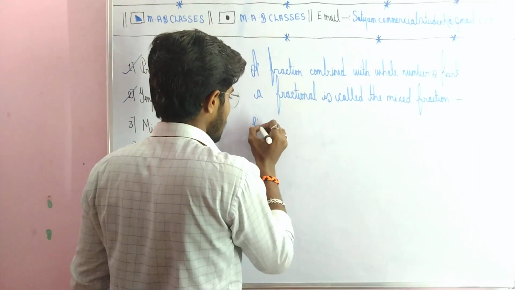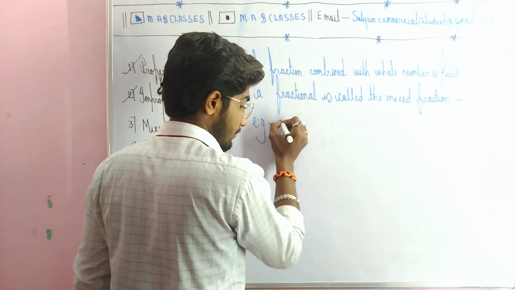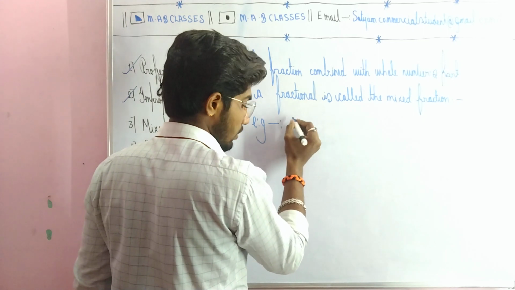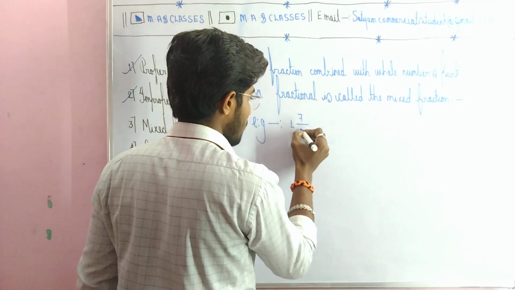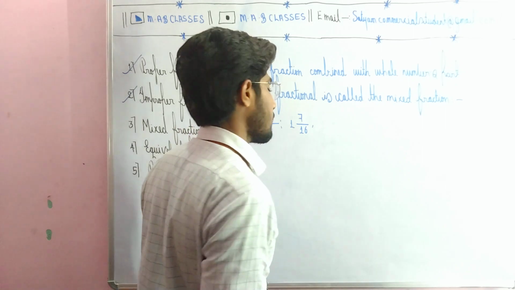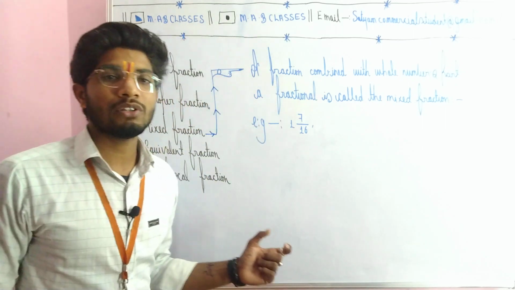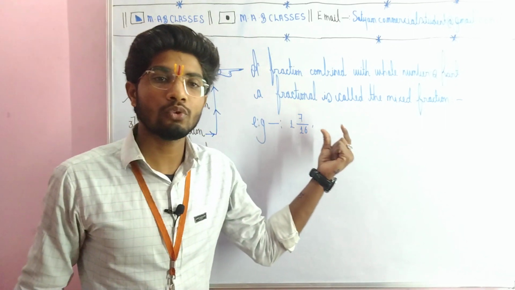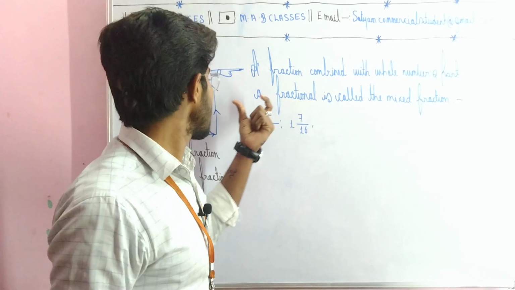We are going to talk about examples. Whenever a whole number is used with a fraction, like 1 whole 7 upon 16, this is a very easy topic to understand. Whenever we include a whole number along with the numerator and denominator, it is known as a mixed fraction.